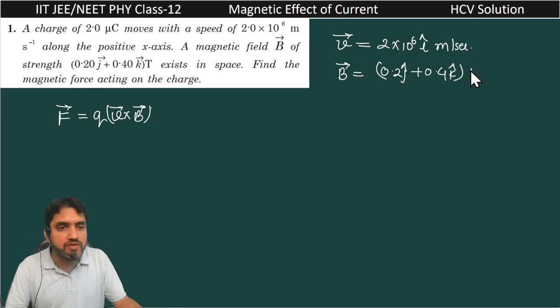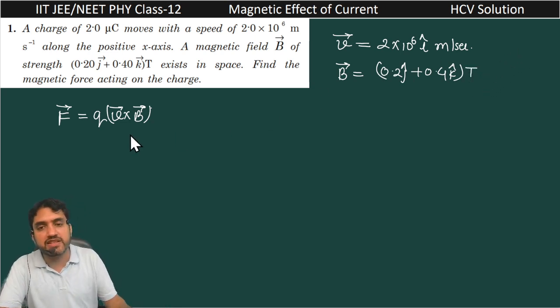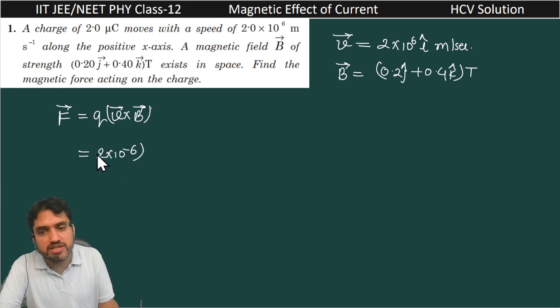Now we place the values of velocity, magnetic field and q in the formula of magnetic force. This q is equal to 2 × 10^-6, because it is in microcoulomb. To find the cross product of the velocity vector and the magnetic field vector, we can use the concept of the determinant.